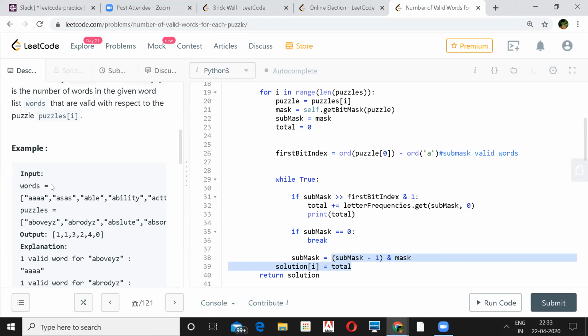Like the other person said, we can do the set difference. If the difference equals 0, then we know it's a subset. If it does not equal 0, then we know it's not a subset. But that is not constant time. Somebody would give it to the hash set, right?